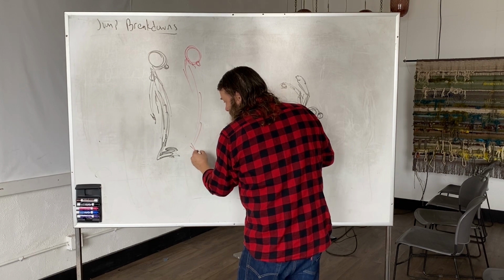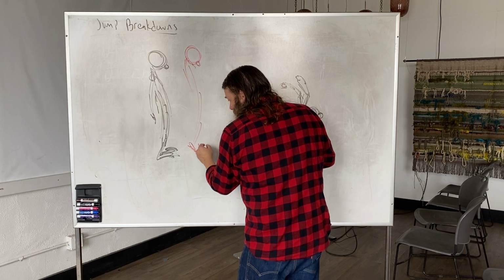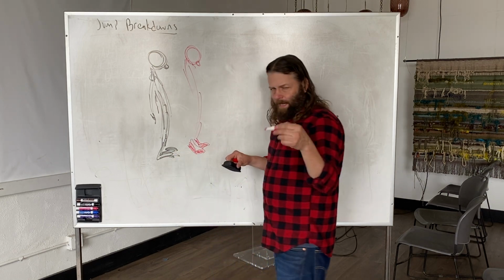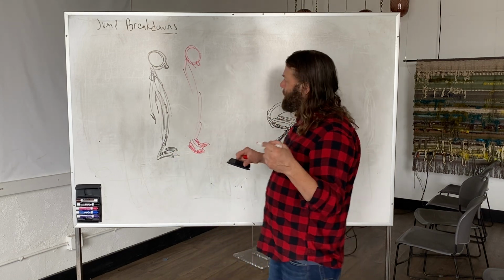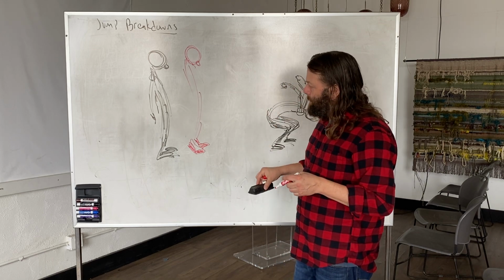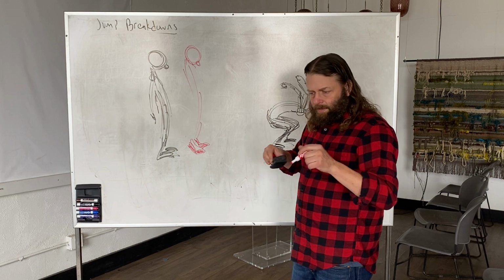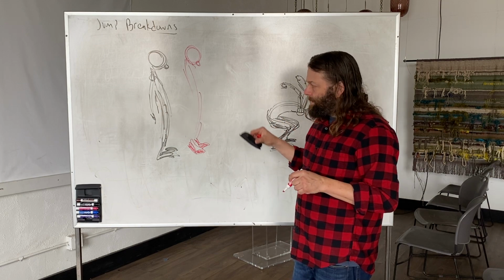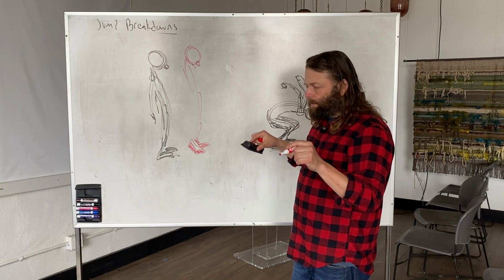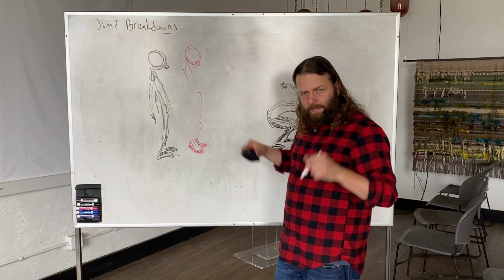Also, and I said this to a few of you last week, one way I will play with breakdowns, especially if I'm not finding something really interesting, again going back to this supple, loose, first pass type of drawing, I'll put a piece of paper and look between these two keys, and then on my breakdown drawing, just make a couple marks. Like, what if the hand goes here, and I'll flip it.